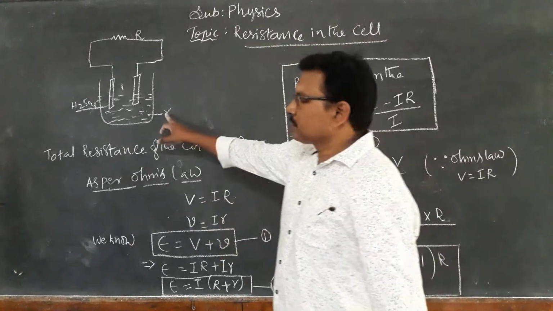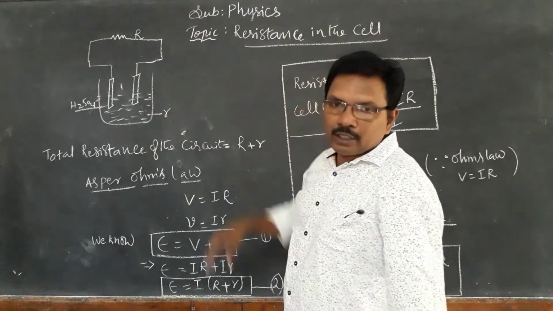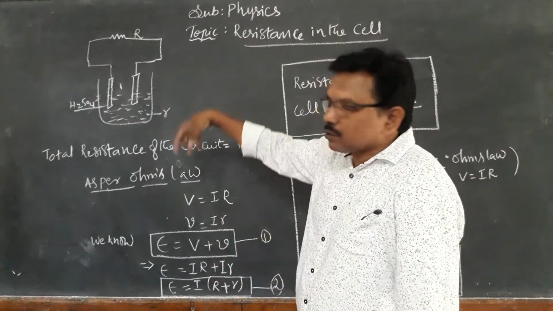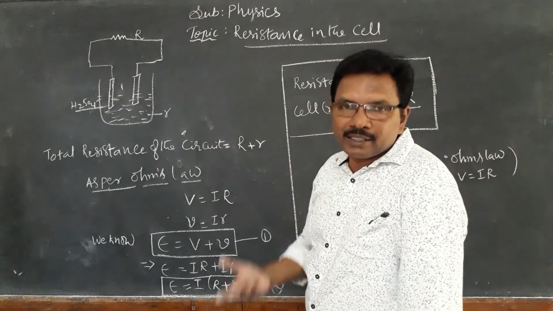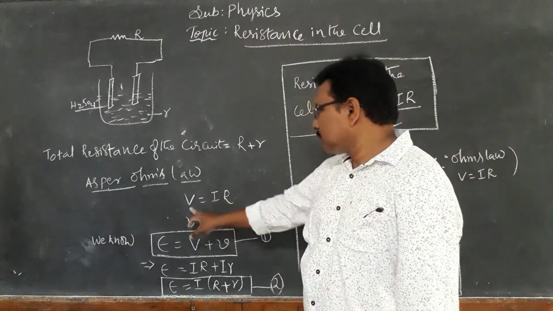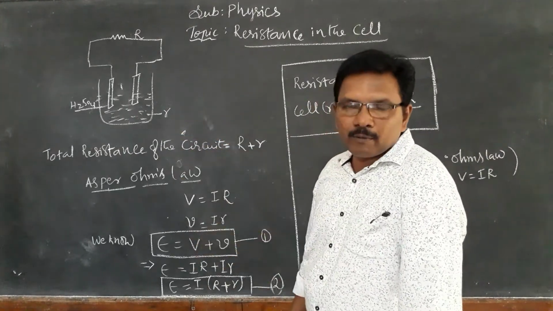Here the resistance of the cell chemical is small r, the resistance of the circuit is capital R. So I is the same. The current flow in the total circuit is the same. I will not change. So I capital R for outside potential difference, I small r for inside potential difference.